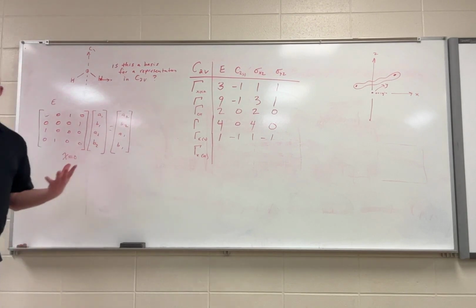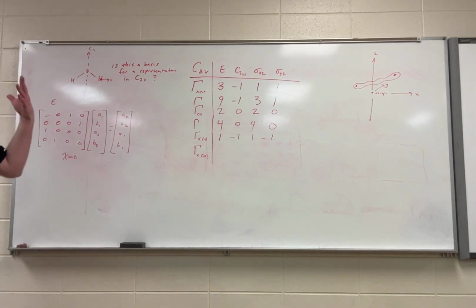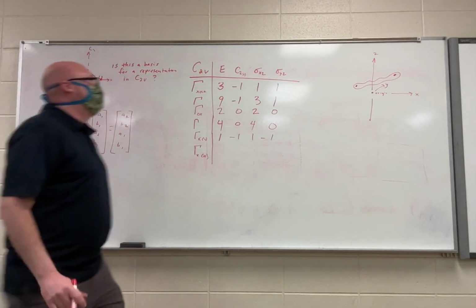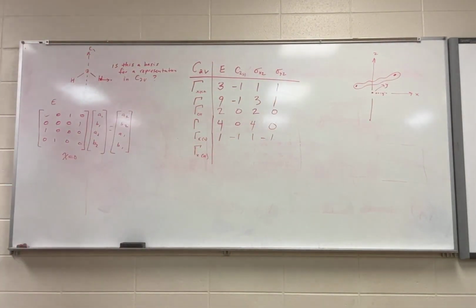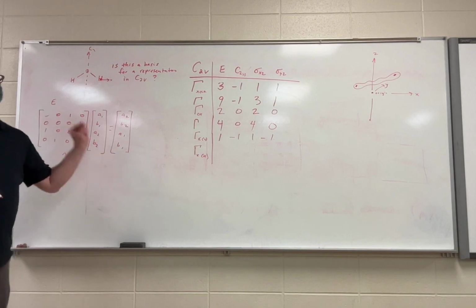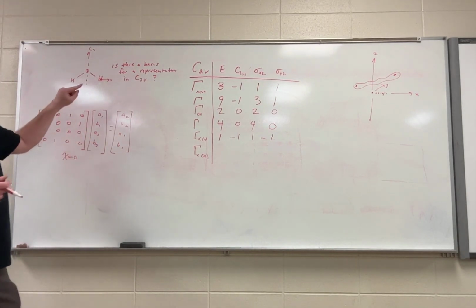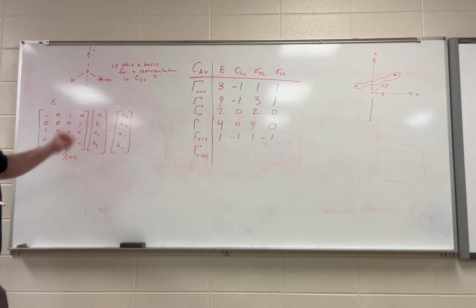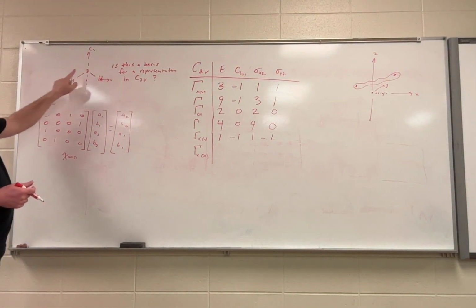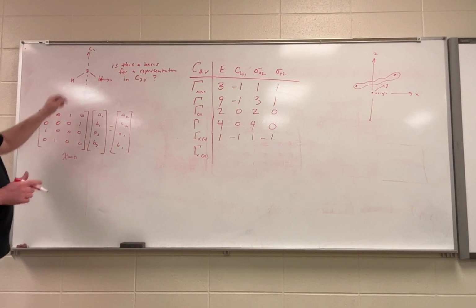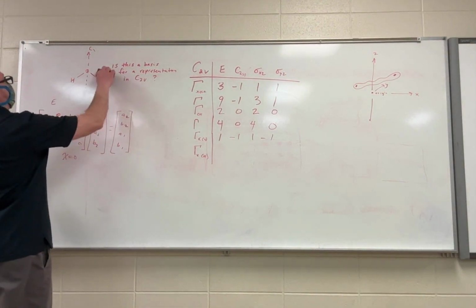That's the question we face. Because I can imagine an infinite number of possibilities, right? I could come up with this worm shape. Are these bases for representations? Sometimes they are not. And the symmetry operations will actually tell you if it is or if it isn't. Because the fact that I move here to, maybe to simplify this a little bit.